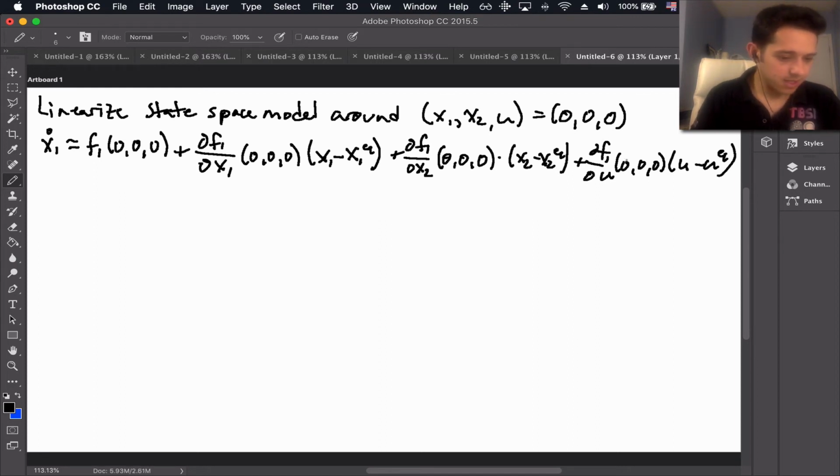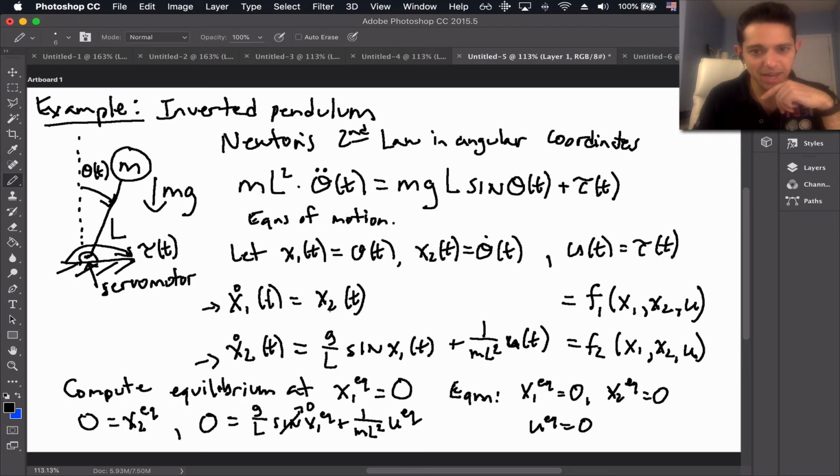All right. Now, if we walk through this carefully, when we evaluate f1 at these equilibrium points, it's going to be equal to 0 by definition of the equilibrium points. Now, f1, the derivative with respect to x1, well, if we go back here, we'll see that f1 actually doesn't depend on x1 at all. It doesn't even show up.